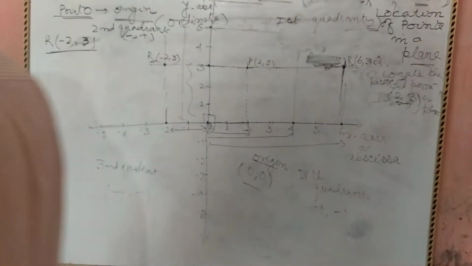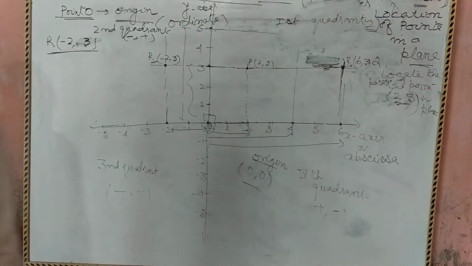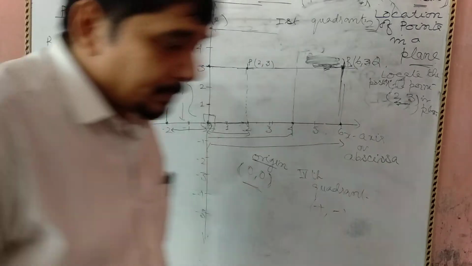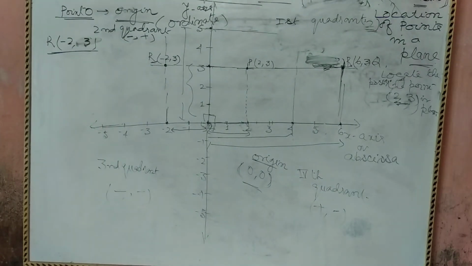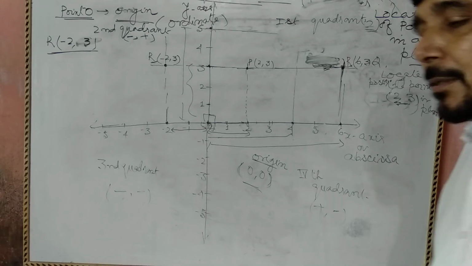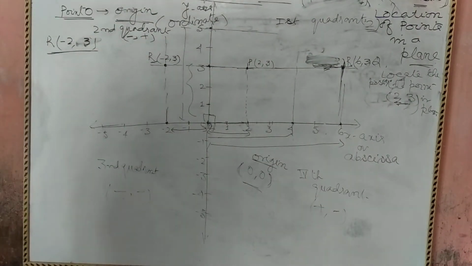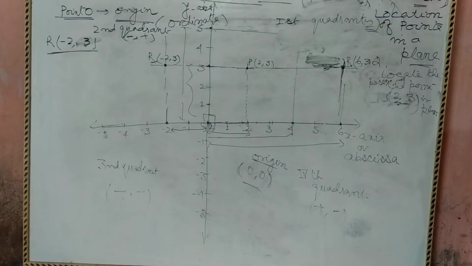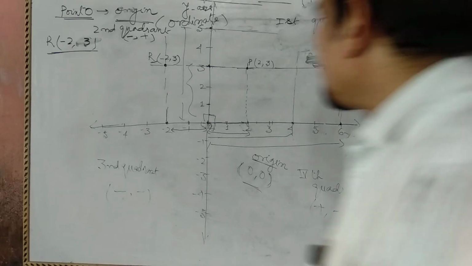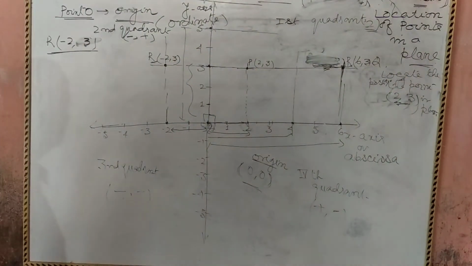Now, in coordinate geometry, we study through a graph. In a graph, it may be a line, it may be a curve. It may be a particular curve also, like circles, squares, rectangles. So, we study about lines and curves through a graph in a plane, which is known as coordinate geometry.